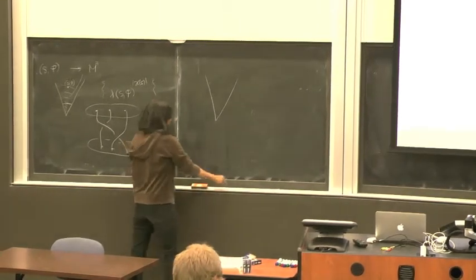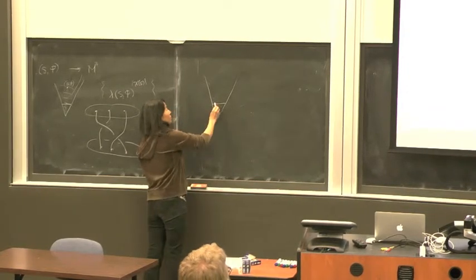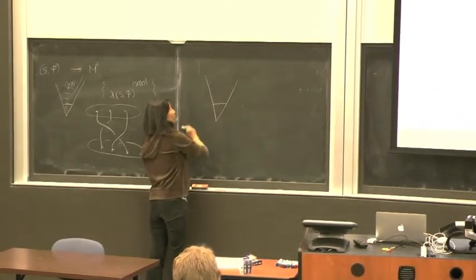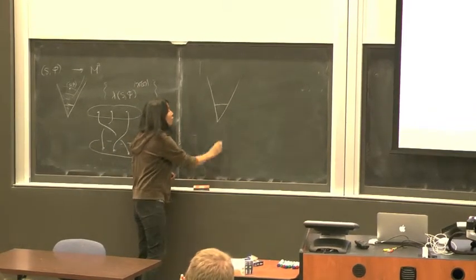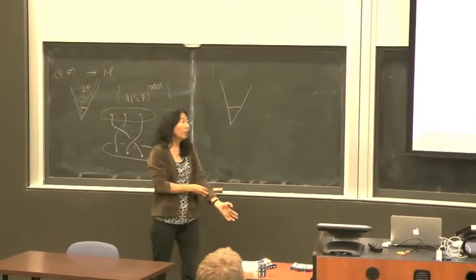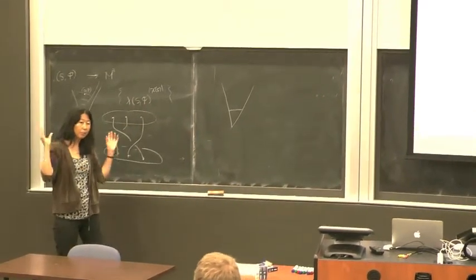So in fact, there's a one-dimensional segment, and the rational points on this, all those points correspond to different mapping classes on surfaces of various complexity.